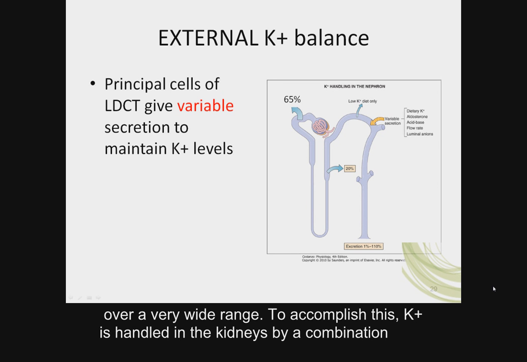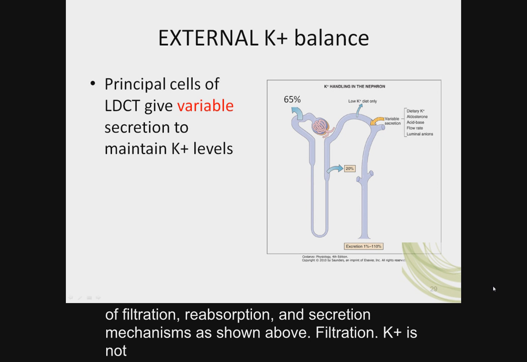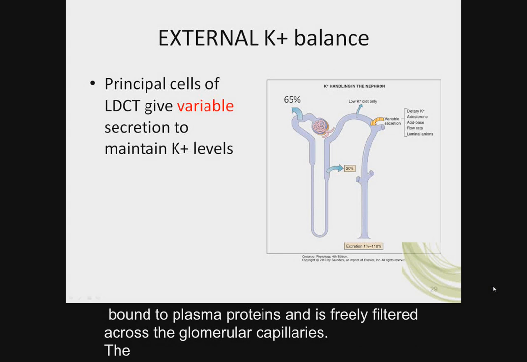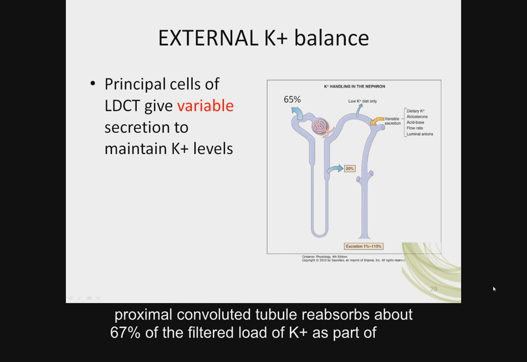To accomplish this, potassium is handled in the kidneys by a combination of filtration, reabsorption, and secretion mechanisms as shown above. Filtration: potassium is not bound to plasma proteins and is freely filtered across the glomerular capillaries.